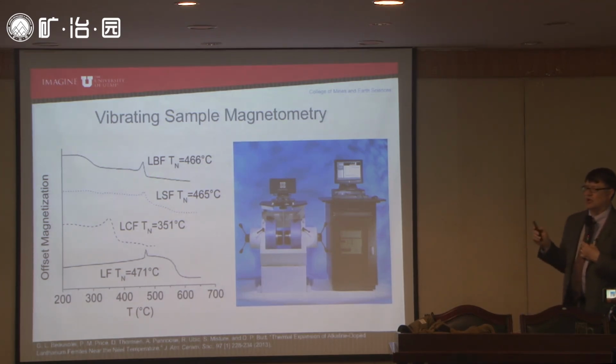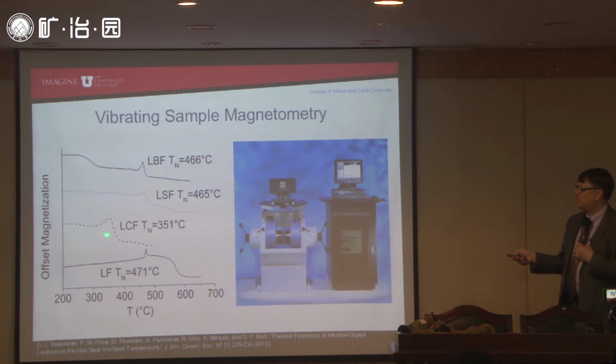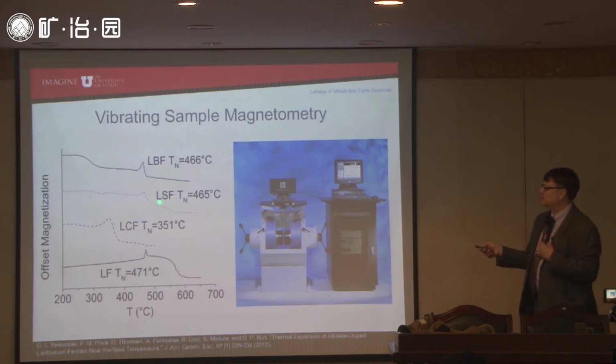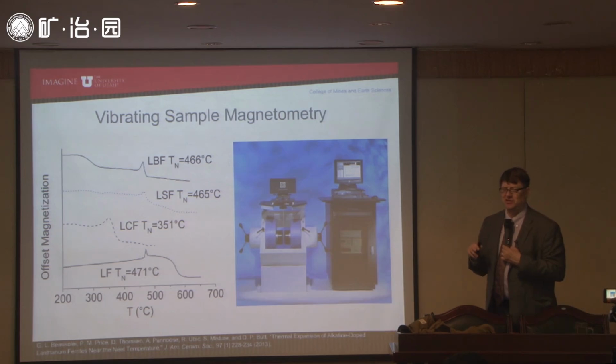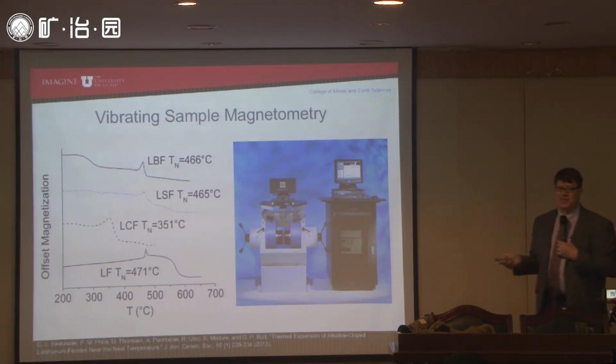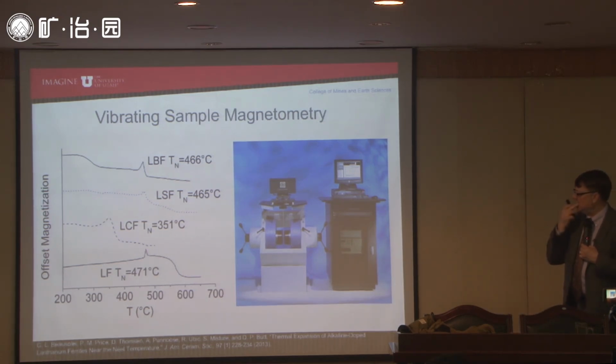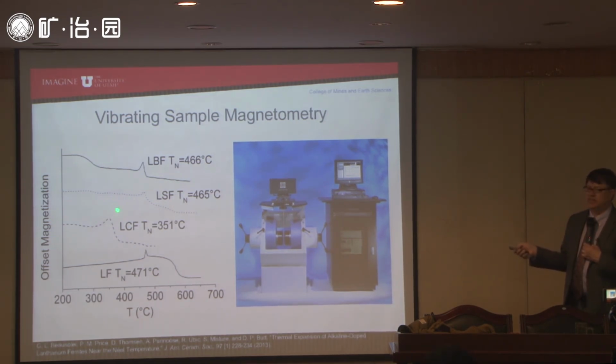What we discover is that the material doped with calcium behaves very differently than pure lanthanum ferrite, and the materials doped with strontium and barium behave almost exactly like the lanthanum ferrite, which is very, very strange, to put it mildly. When I saw this, I was very confused, because this is called the Néel temperature.